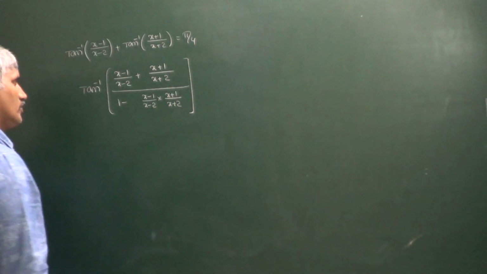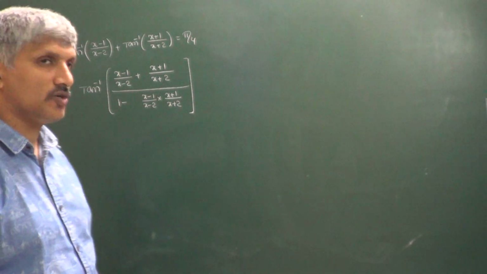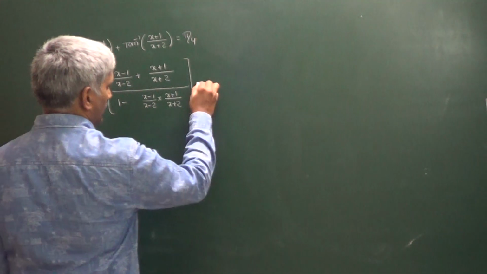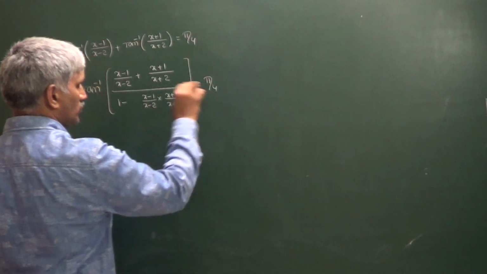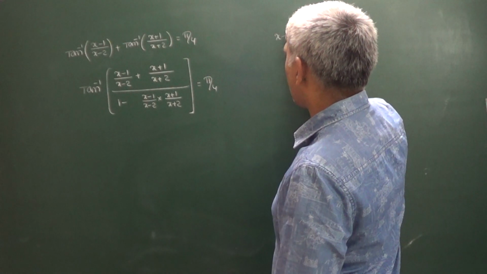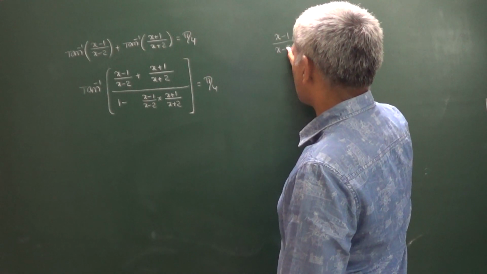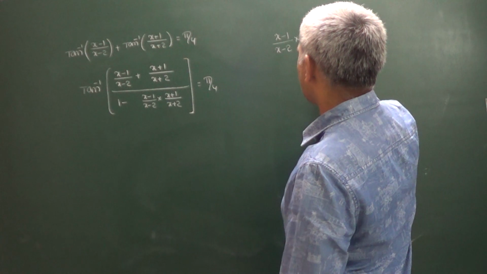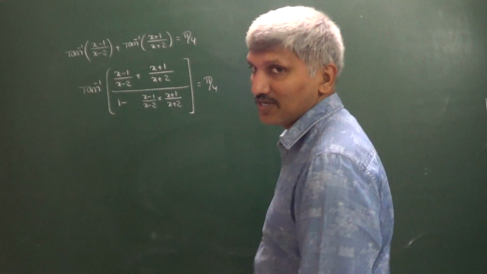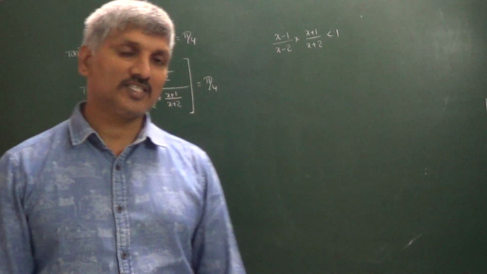Tan inverse of x plus tan inverse y is equal to tan inverse of x plus y by 1 minus xy. Yes, we can apply this formula only under the condition that x minus 1 divided by x minus 2 into x plus 1 divided by x plus 2 must be less than 1. x into y less than 1.